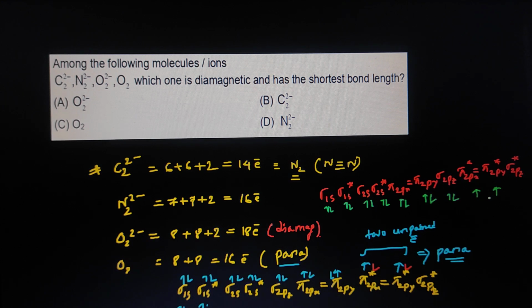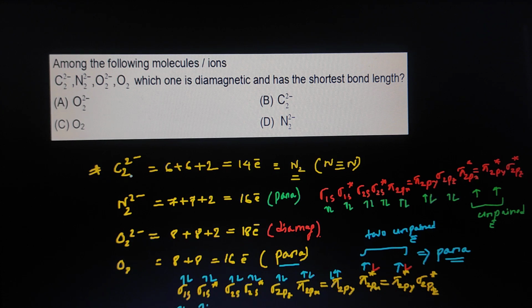So here we can also see that these are unpaired electrons. That's why it is also paramagnetic.